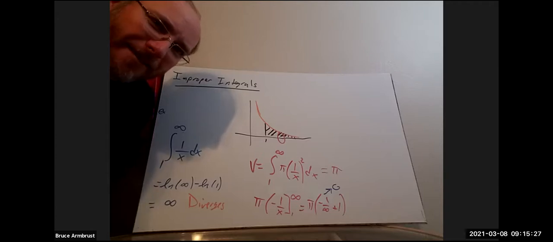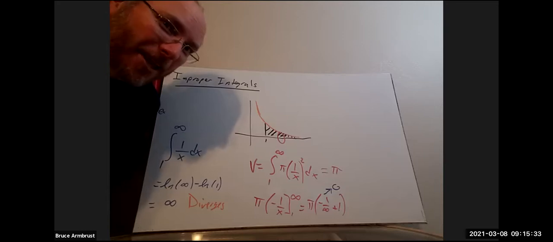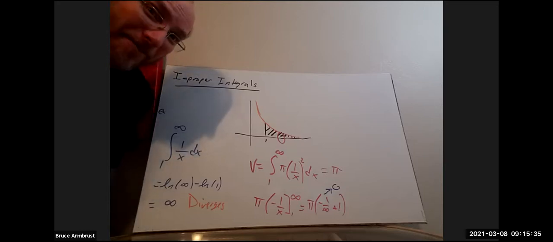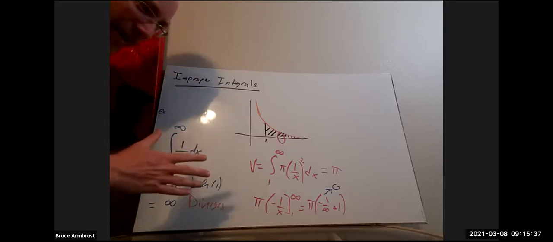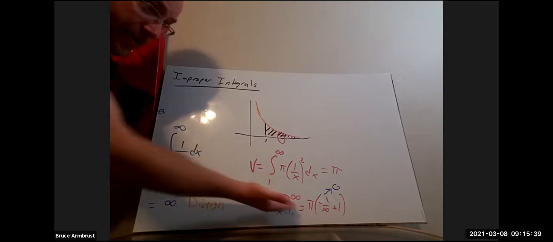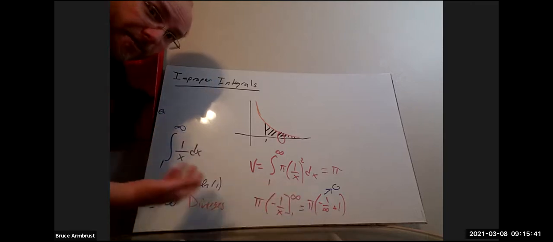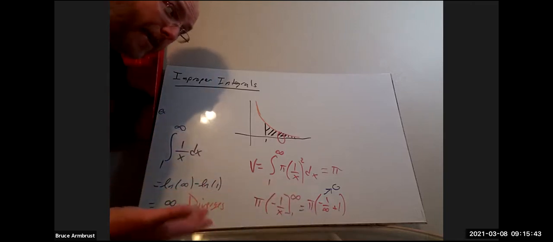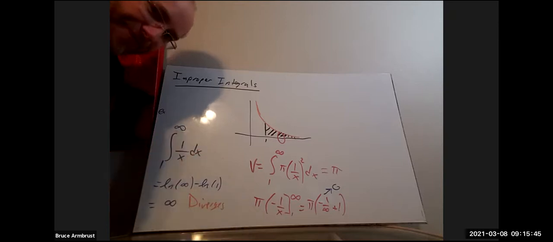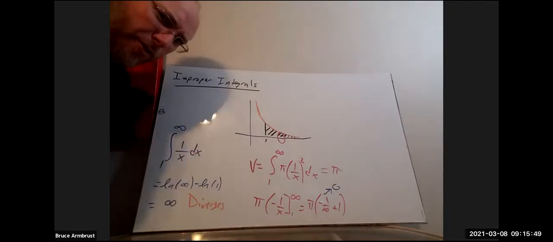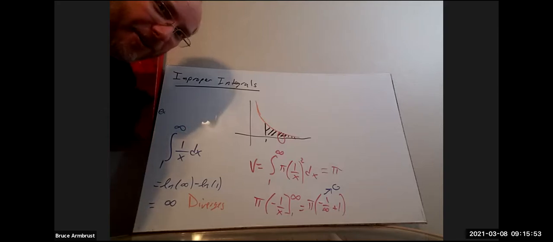Wait. So you can't paint the outside, but you can fill the inside with paint. Oh, yes. Anyway, so these infinite things are really weird, but do they converge? Do they diverge? You really just got to do the math, because if you ever try to go with the, well, it should be this way, that's going to get you, because with infinity, there is no following what should be.